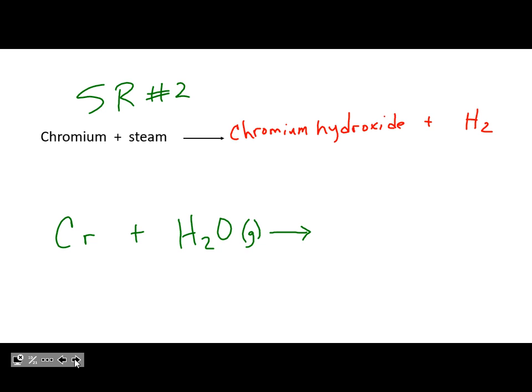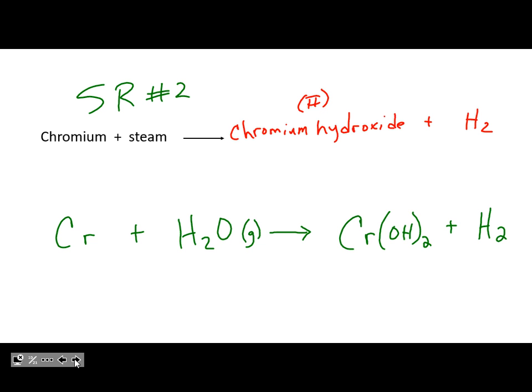Now, looking at my periodic table, chromium takes a 3, chromium takes a 6, chromium takes a 2. So 2, 3, and 6. And once again, I can pick either one. So for this one, I'm going to pick chromium 2 hydroxide. So my formula, chromium 2, hydroxide's a -1, so I'm going to need 2 of those.